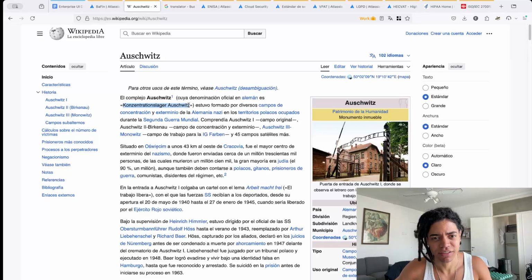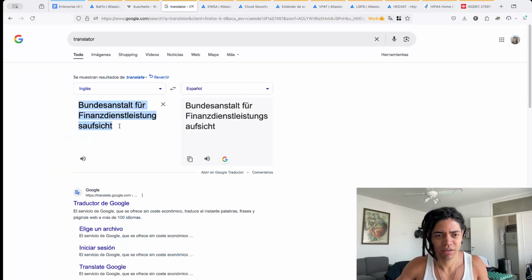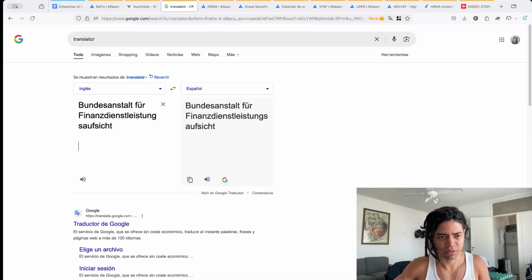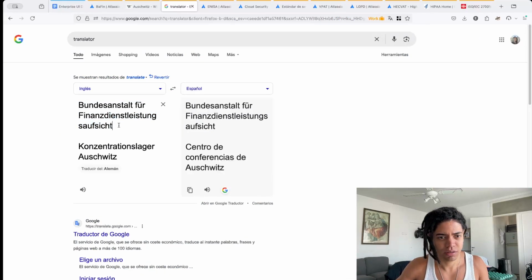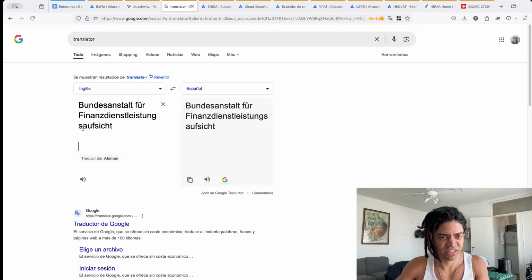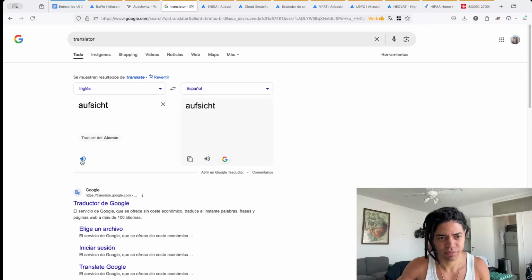Okay, so when you translate this here, you say, hey, how the fuck? It's different. Aufsicht. Exactly, Aufsicht is different.